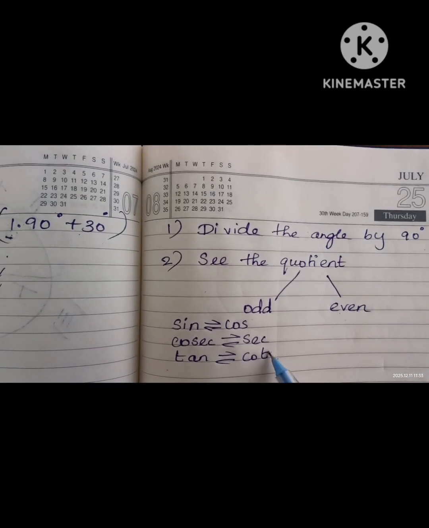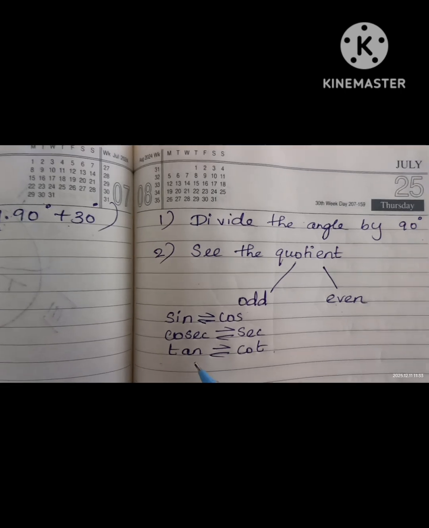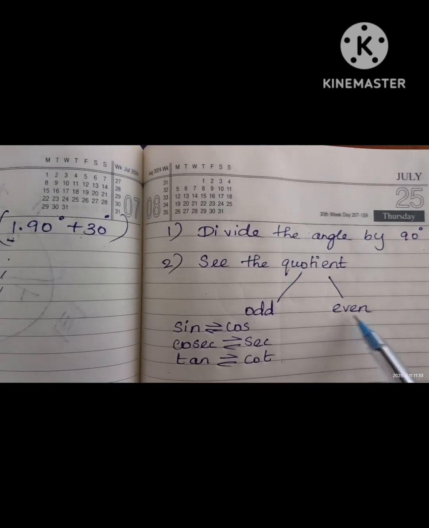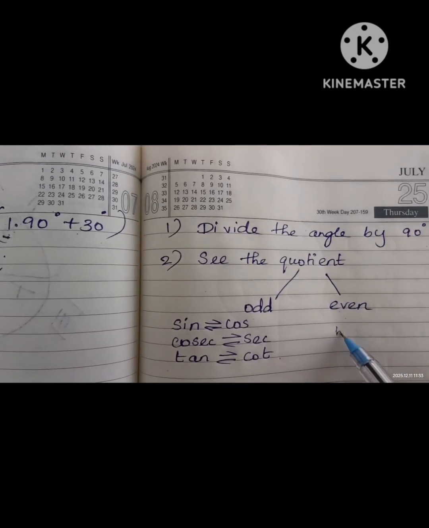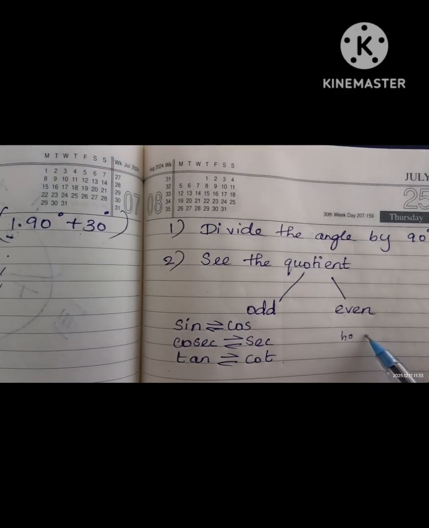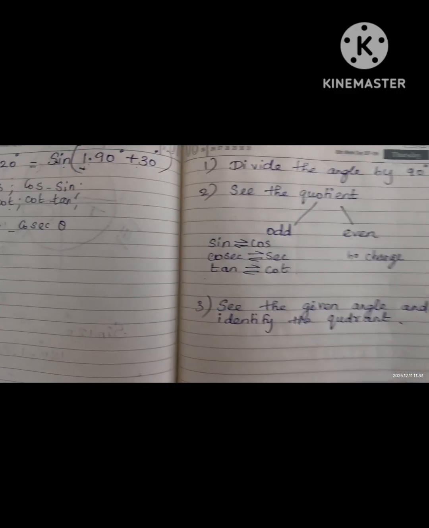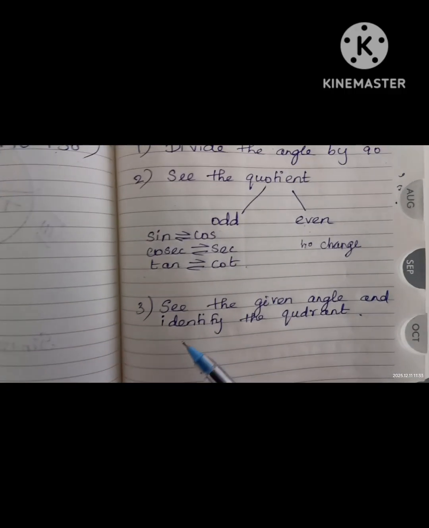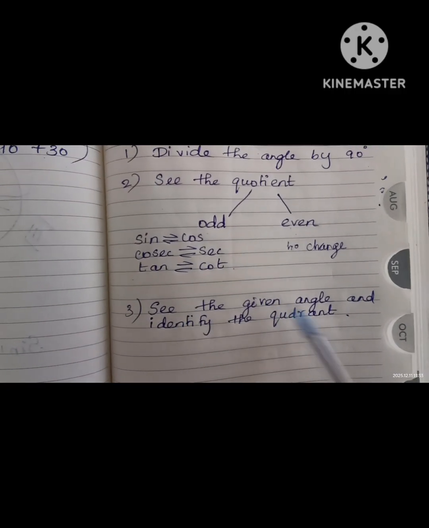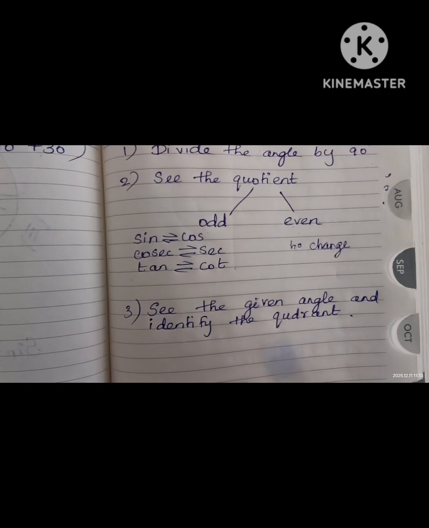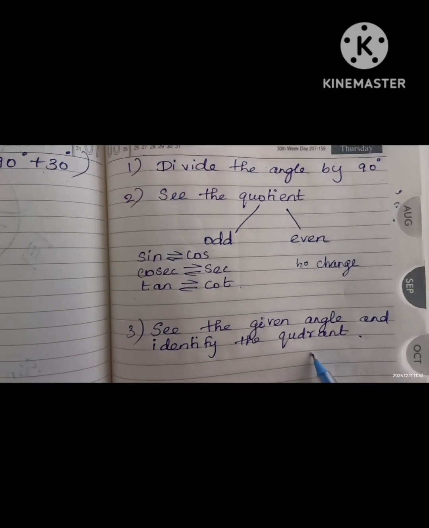Tan changes to cot and cot changes to tan. If the quotient is even, there won't be any changes. That means no change. Okay. And the third step is we have to see the given angle and identify the quadrant.